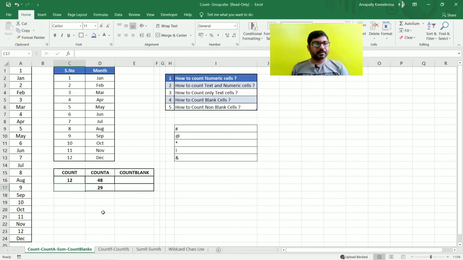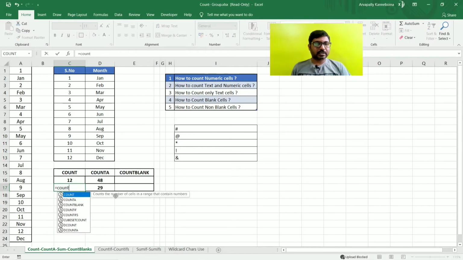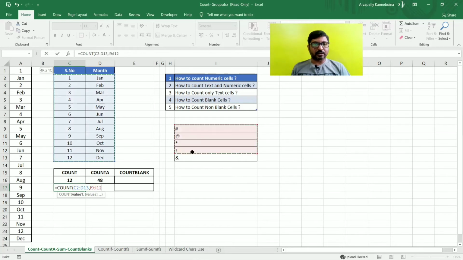So I'm selecting with this range, and it is a count or non-count with this wildcard characters. I will try it. Special characters is equal to count formula, right? Count, and value 1 is this table for us, and value 2 should be this one.